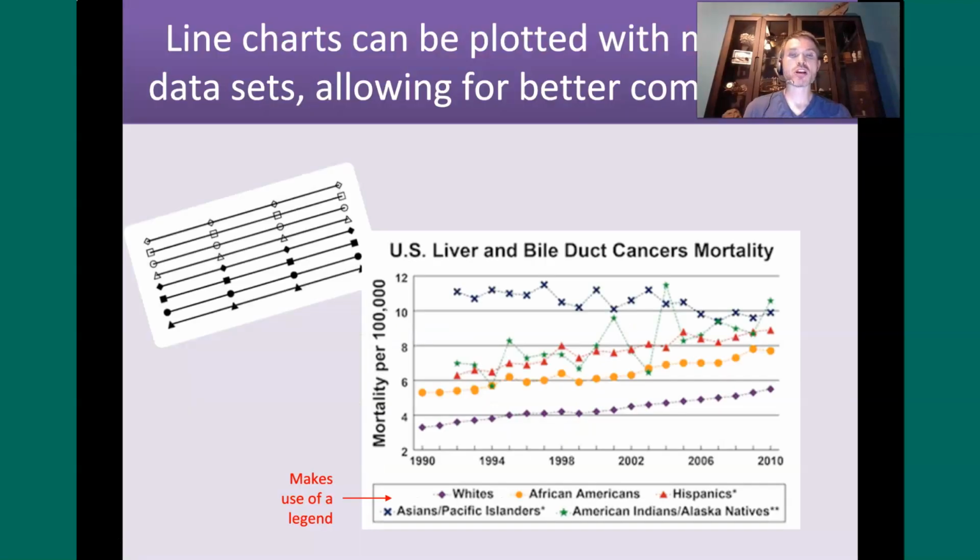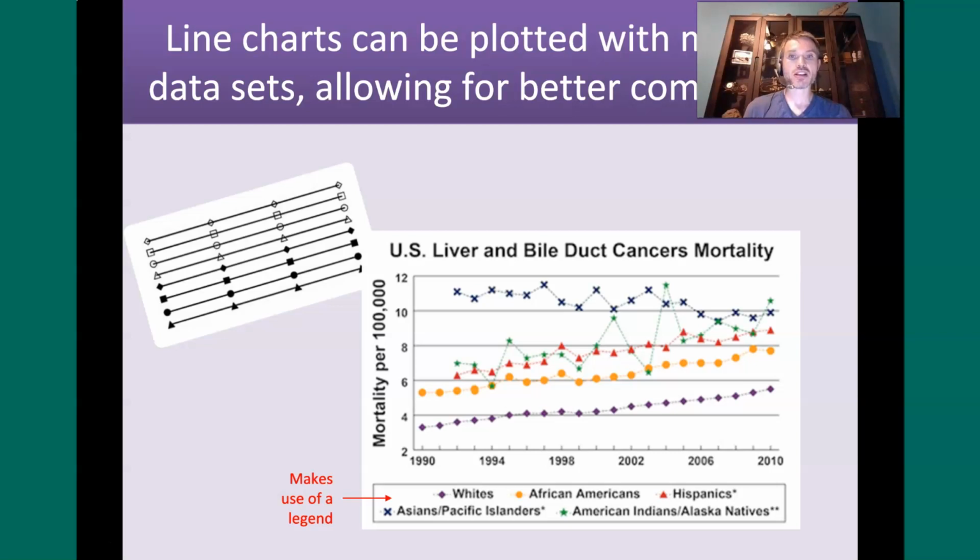So sometimes when we have multiple data sets, we chart them on the same graph. And this allows us to compare one set of data points to the other data point set. However, please be careful. You need to make a legend.